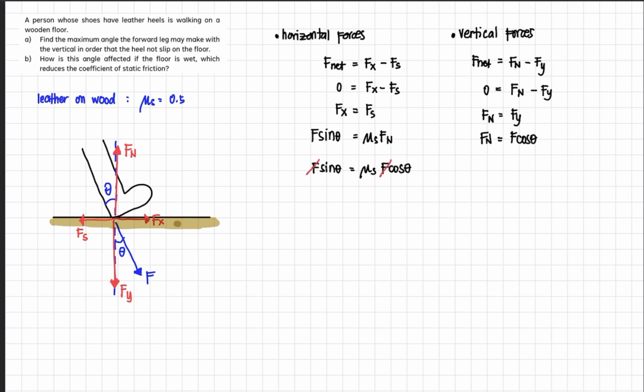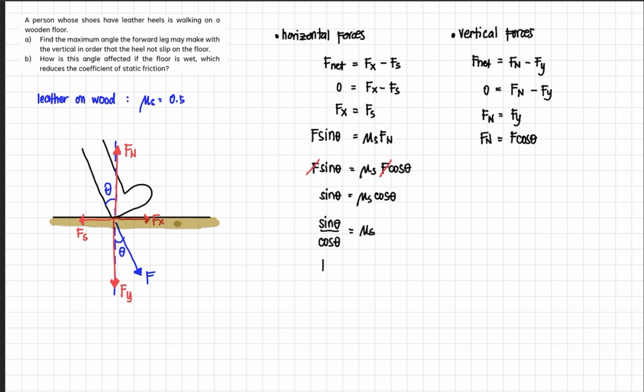We can cancel out F. So sine theta equals mu s cosine theta, where sine theta over cosine theta equals mu s.